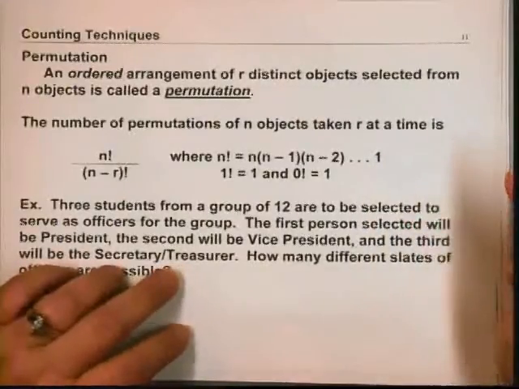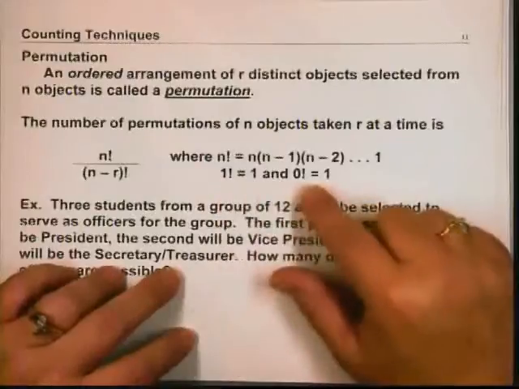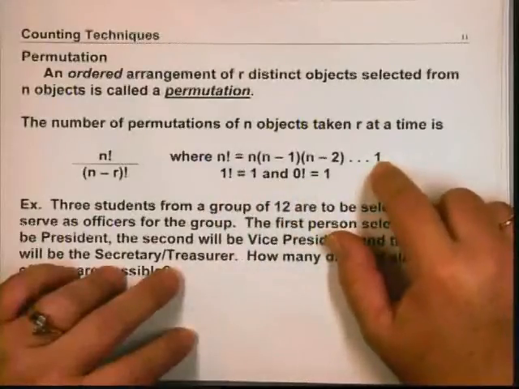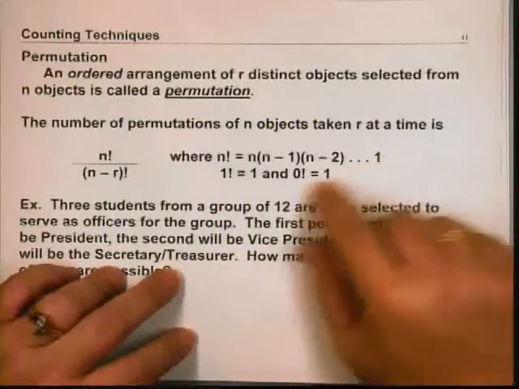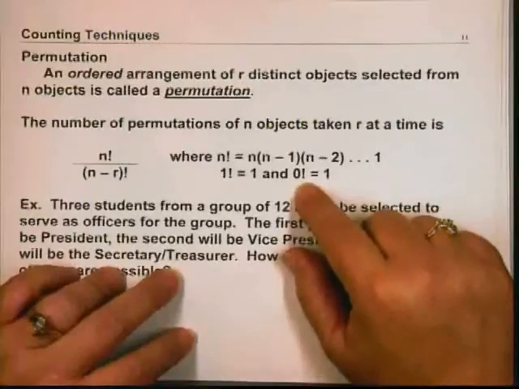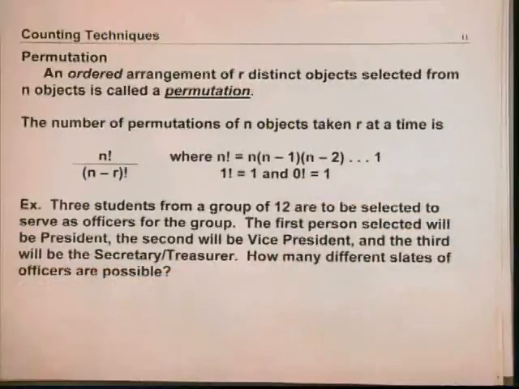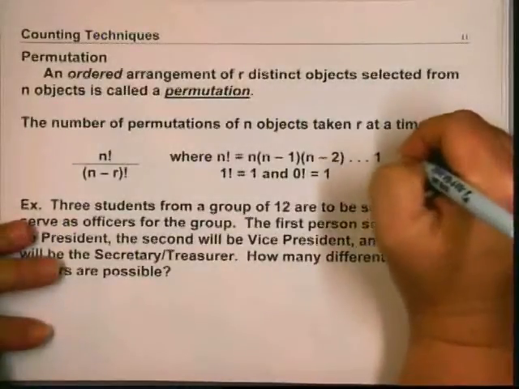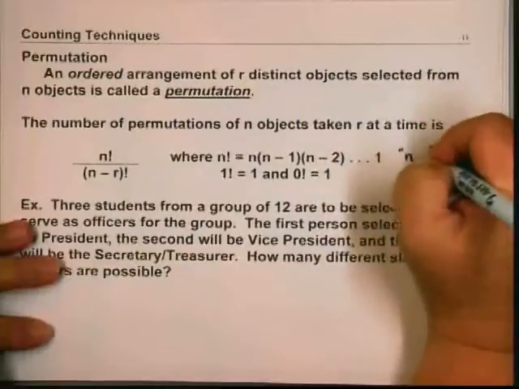By definition, 1 factorial is 1, and 0 factorial is defined to be 1. So the way this is read, it is n factorial.